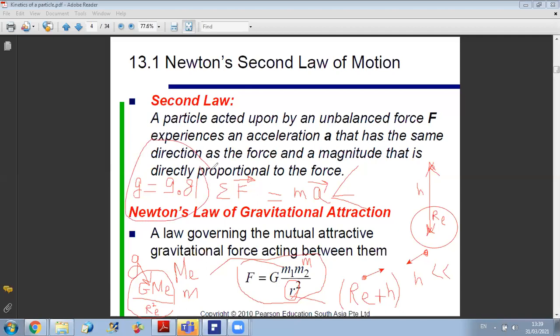Now, if you have high altitudes, you cannot say anymore that g is 9.81. Then you should calculate the new value of g by dividing by (re plus h) squared. And for satellite applications, when h is very large, you can go to values of 0 for g, because as you increase h, g will be reduced.